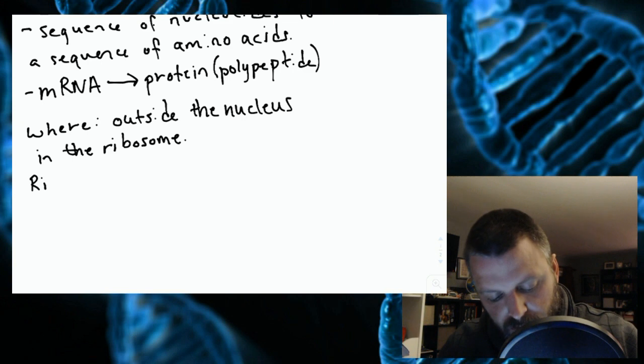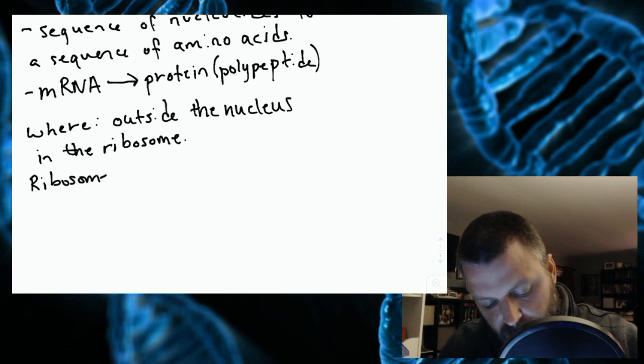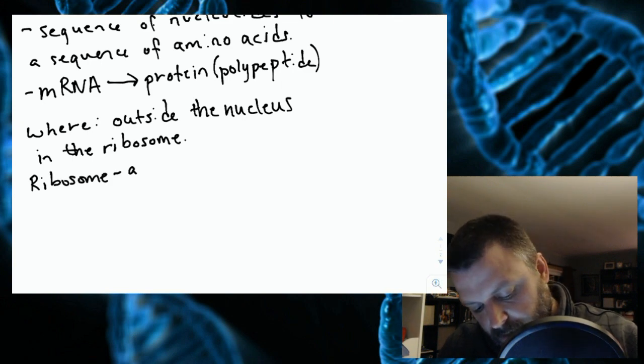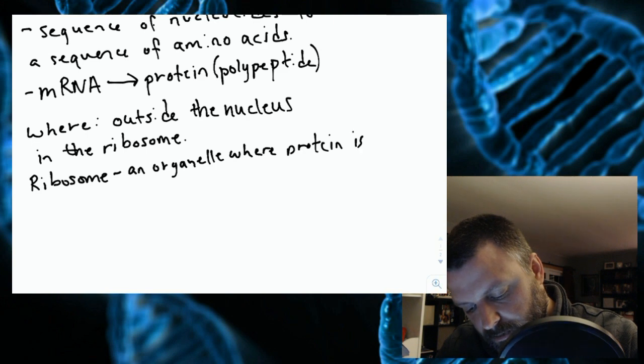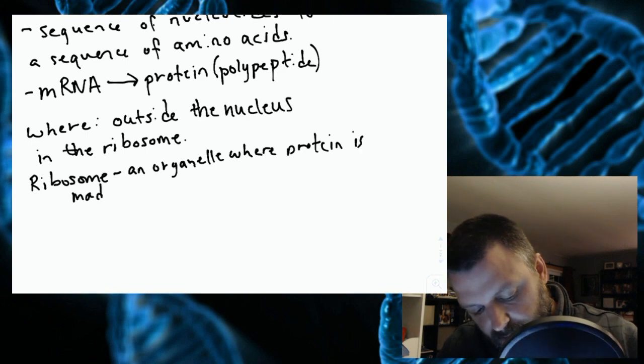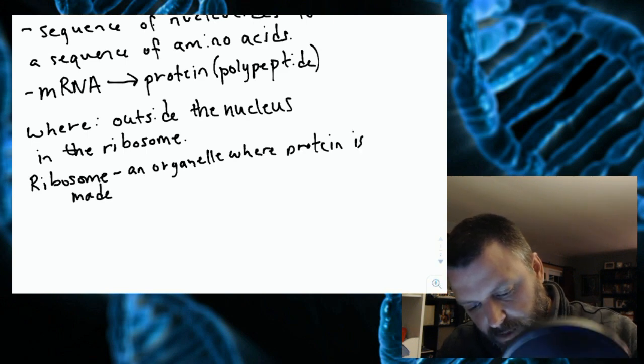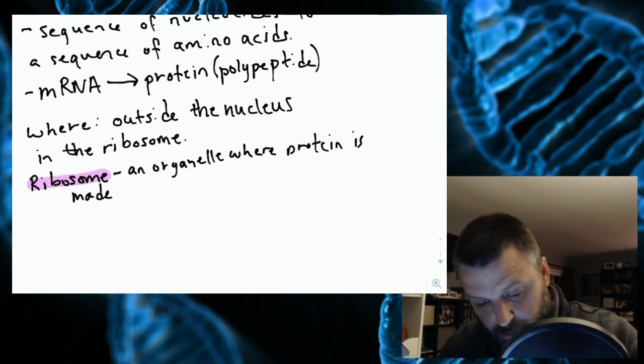Well, the ribosome is an organelle. It's considered an organelle. It's not a membrane-bound organelle, but it is still an organelle where protein is made. Okay, I'm going to highlight that. The ribosome is an organelle where protein is made.